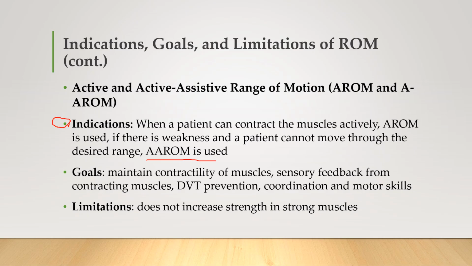So let's look at some of the goals. Very similar to what we saw with passive range of motion. It's going to maintain flexibility and elasticity, mobility of those muscles, but we also maintain contractility of those muscles. So following a surgical intervention, some patients have a really difficult time just even contracting their muscles isometrically.